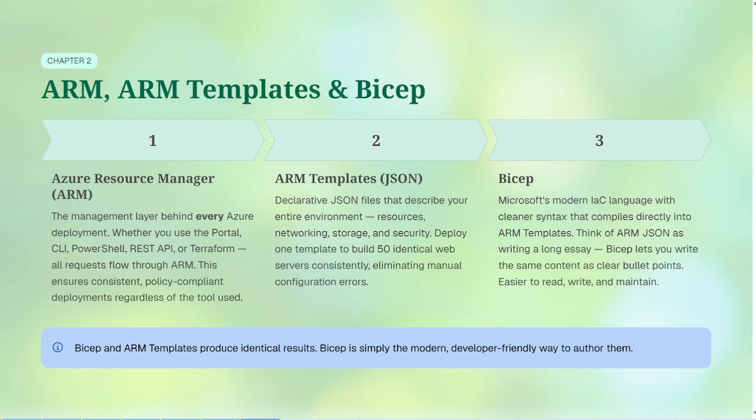Azure compiles the Bicep file into an ARM template and deploys the environment automatically. The result is exactly the same, but the code is much easier to understand and maintain.